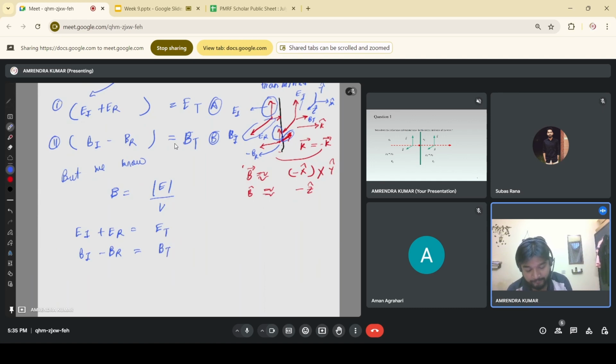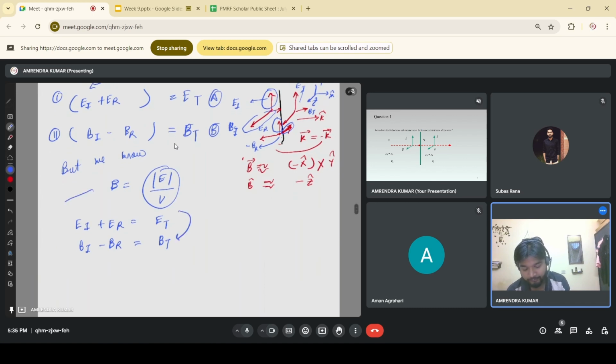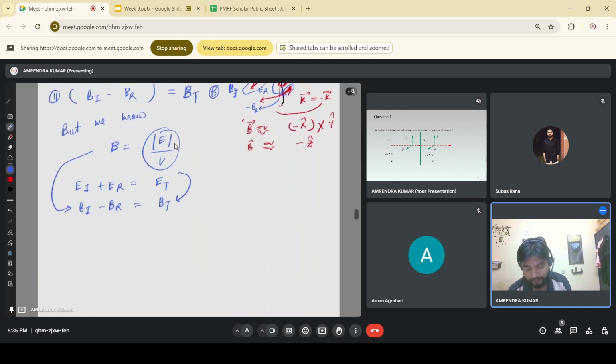So you can replace this one, you can use this in the second equation. So this first equation remains as it is, but this one will change. It will be EI over V1, the velocity in medium one, minus ER over V1, because it's the same medium, equal to ET over V2.